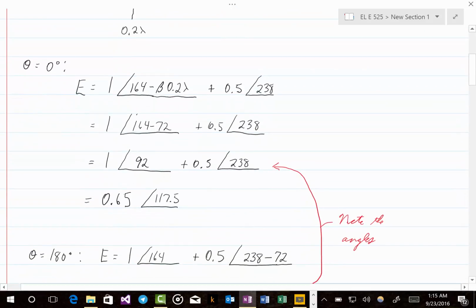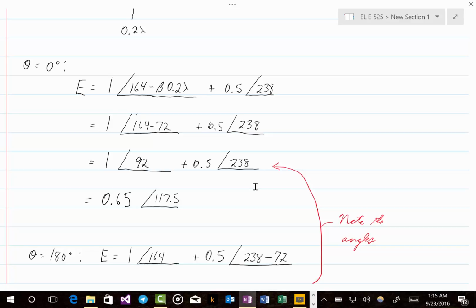And if you do that calculation, and as we have mentioned in class, hopefully you have a calculator or access to an app that will allow you to add these two phasors directly without having to break them up into their rectangular components and then adding the components separately and then putting it back into polar form.